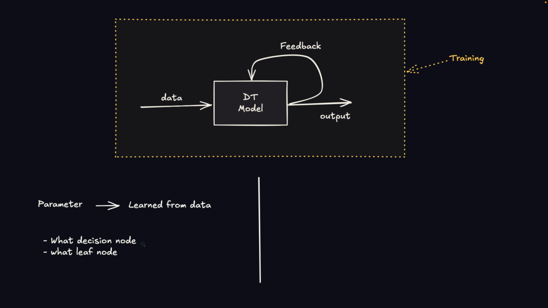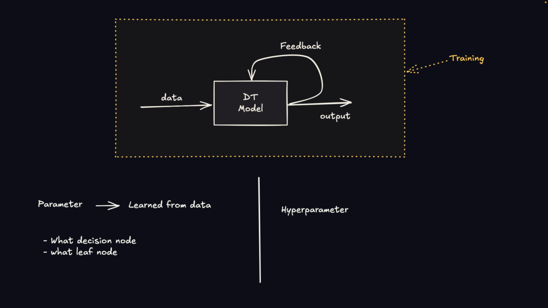If we use different data, most likely we'll have different decision nodes and leaf nodes, because this is driven by data. It is extracted or learned from the data. That is the important thing about parameters. And the trained model is basically the architecture or algorithm plus the parameters learned from the data. The combination of these two is our trained model.